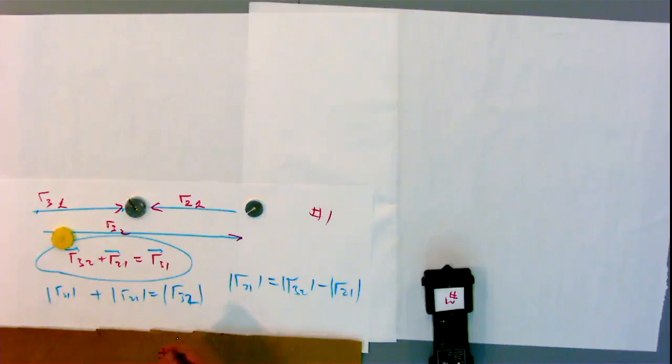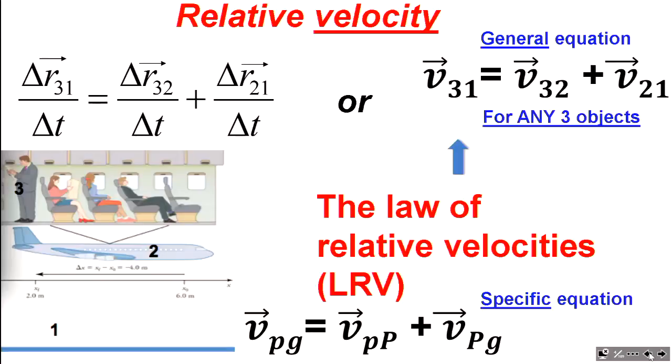Depending on what we mean, our equations look different. But most textbooks, when they say the word displacement, they mean magnitude. In this class, when we say the word displacement, we mean vector.